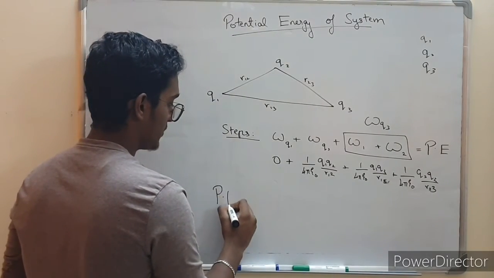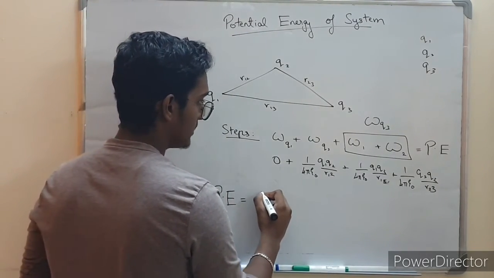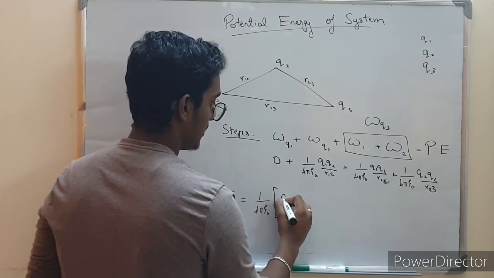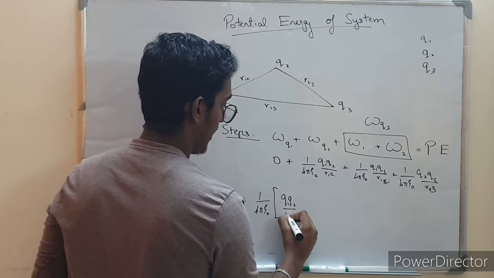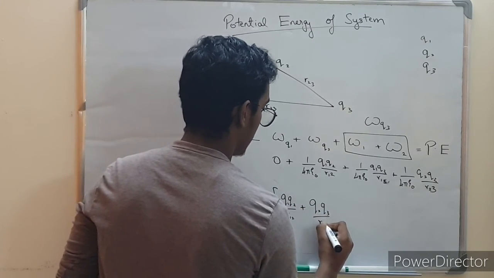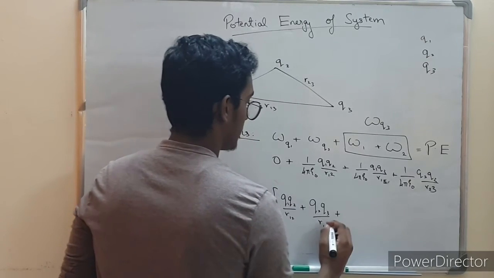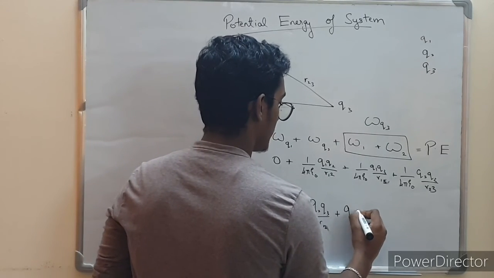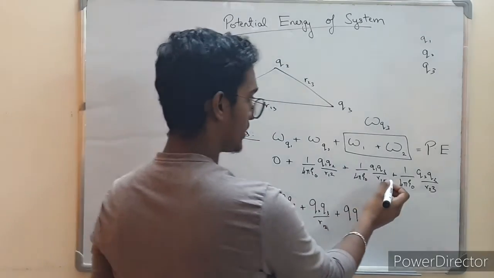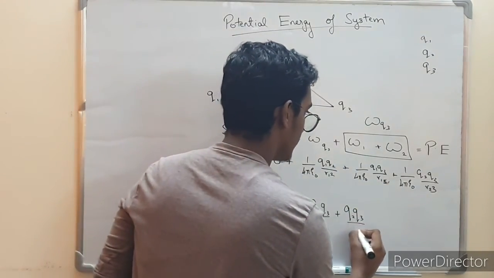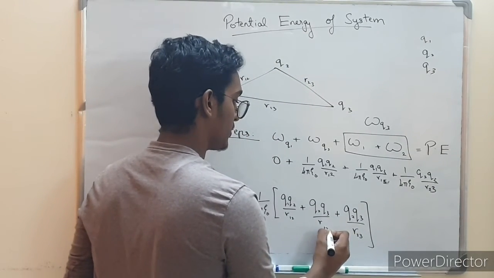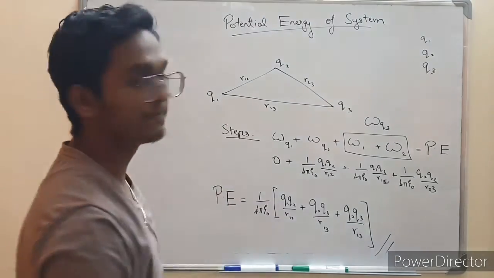That is, potential energy equals 1 by 4 pi epsilon naught into Q1 Q2 by R12 plus Q1 Q3 by R13 plus Q2 Q3 by R23, and this is the total potential energy of this system.